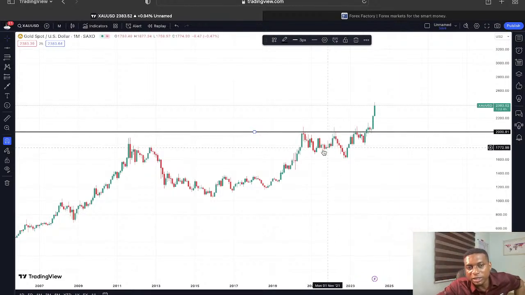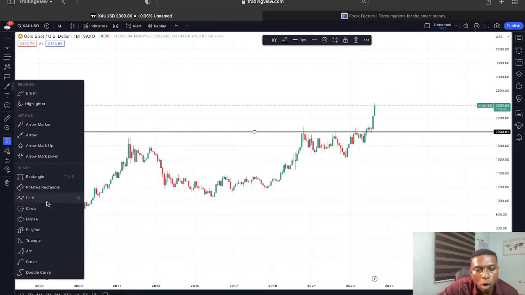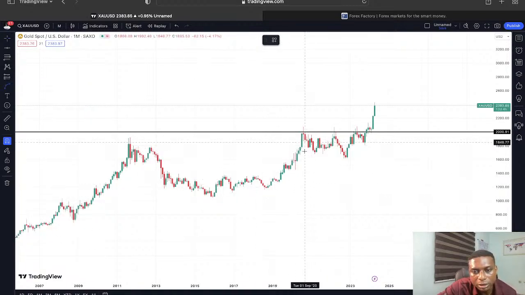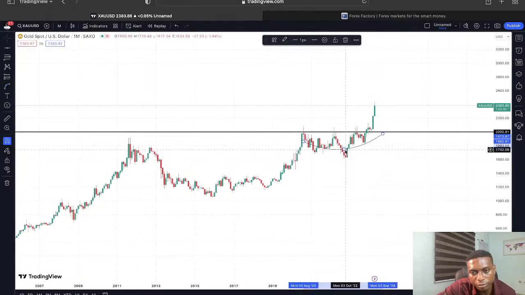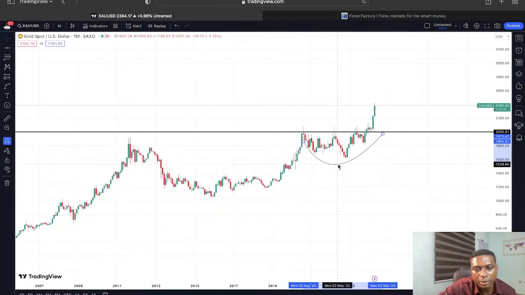Looking into what is going on with the gold on the monthly time frame, we can see that gold had some potential curves that started in 2020.